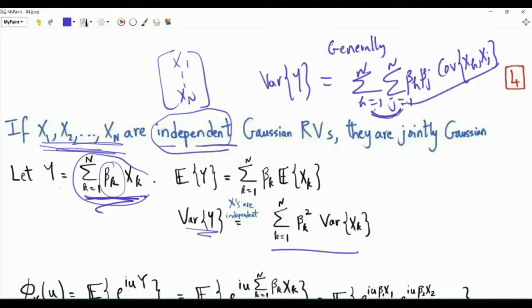We can see it in another way: since we know that those guys are independent, we can apply the rule that the variance of the sum is the sum of the variances. And so the variance of y, because we have independence here, which implies uncorrelatedness, is the sum of variances.